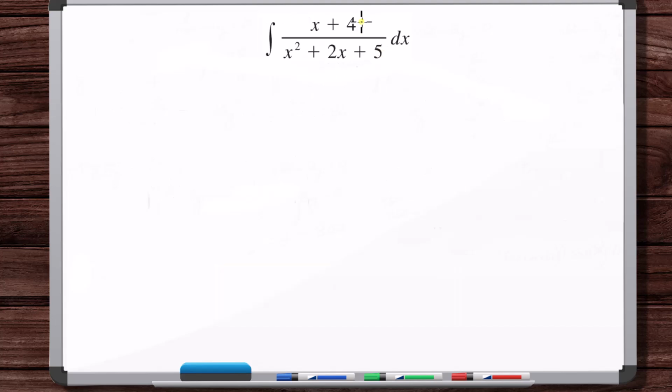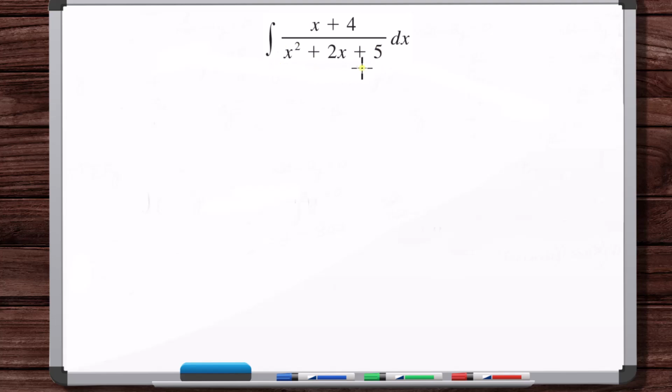Okay, so if we take a look here, we see that the order of the numerator is less than the order of the denominator. Normally we would go ahead and perform partial fraction decomposition, but all we have in the denominator is a single quadratic factor, ax squared plus bx plus c, raised to the first power.